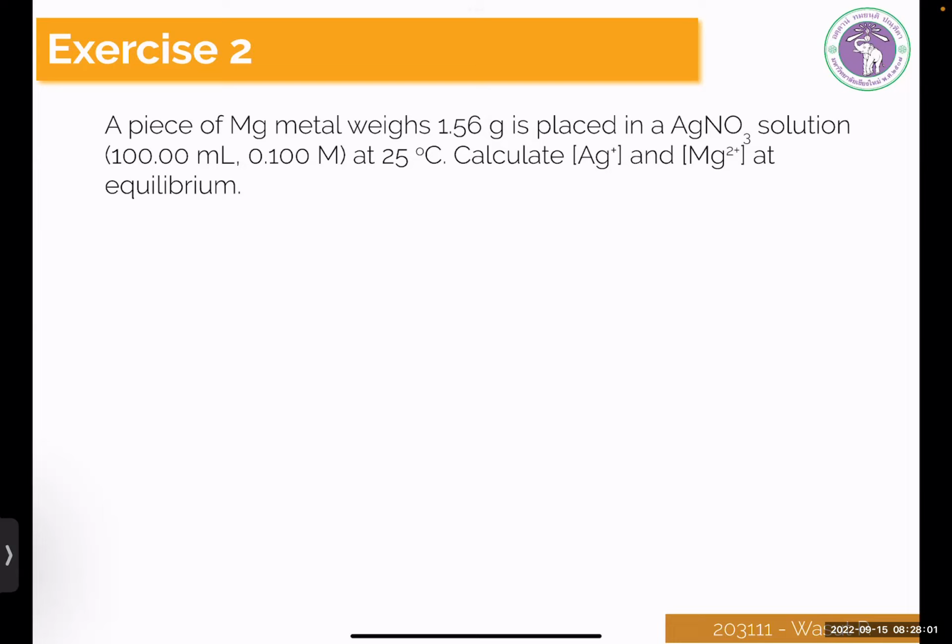Well, you want to know the equilibrium constant of this reaction first, right? So what is this reaction, by the way? Let's figure this out. Magnesium and silver. Let me write out the reduction half cells first.